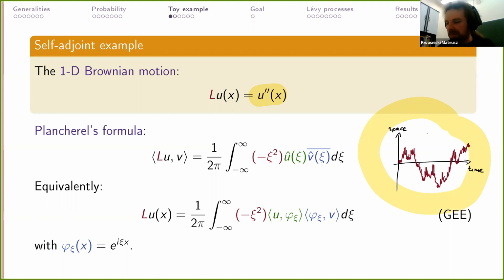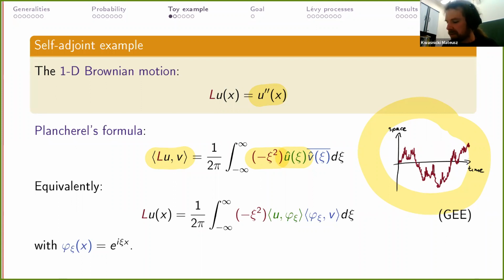Now we can use the Plancherel formula to write the bilinear form of L. We know that the Fourier transform of the second derivative is minus xi squared times the Fourier transform of u. So we get this nice expression for the bilinear form of L. And it turns out that this is precisely the generalized eigenfunction expansion of our operator. Of course, we don't usually see this formula in that way, but that fits the picture perfectly.